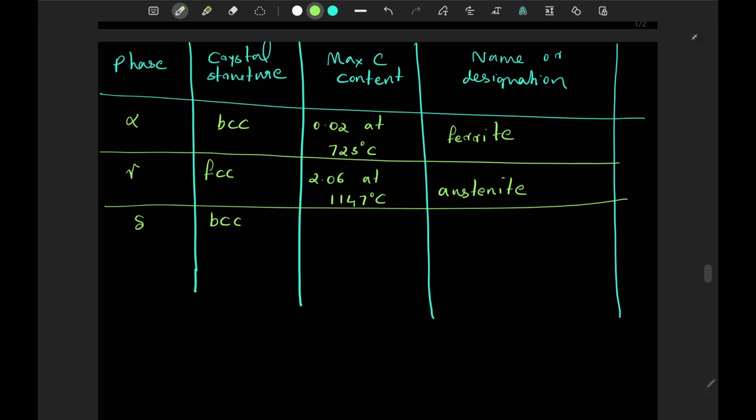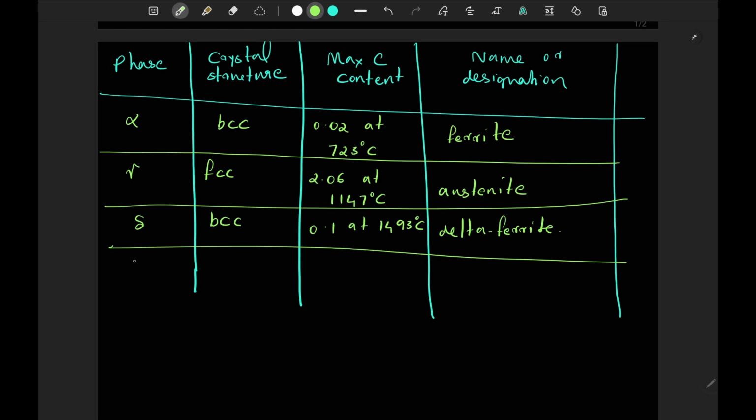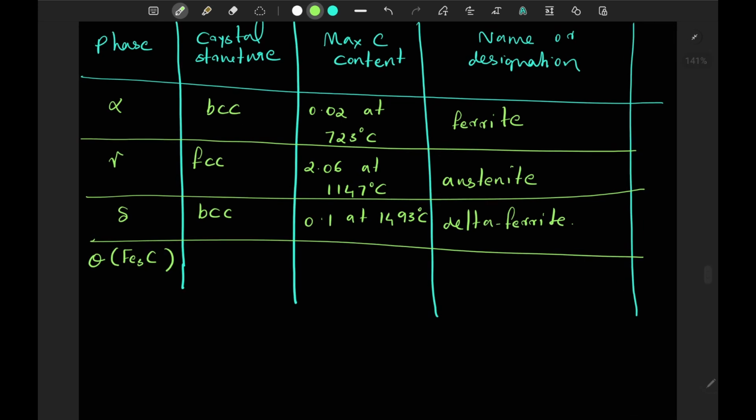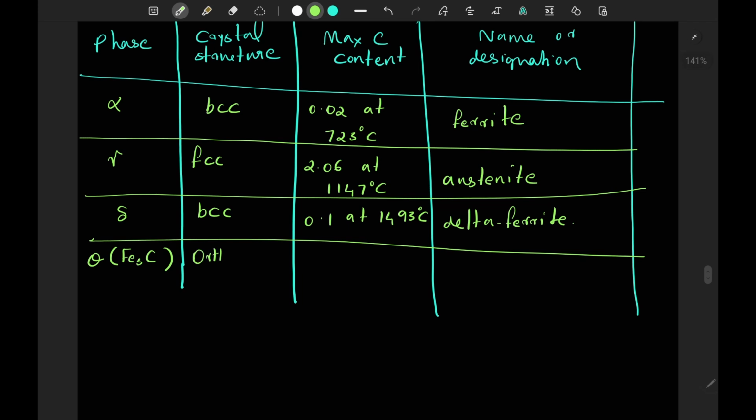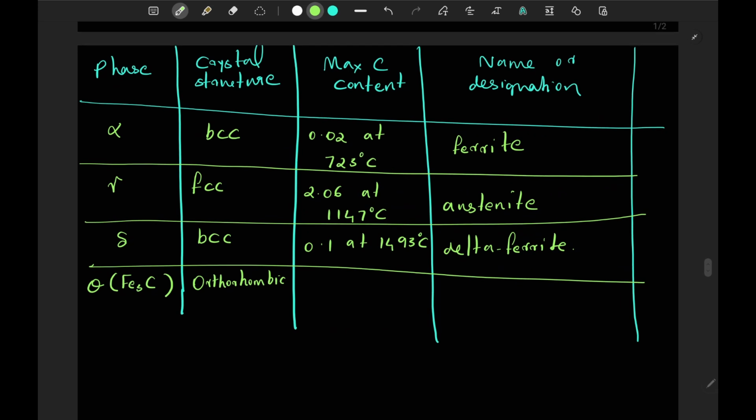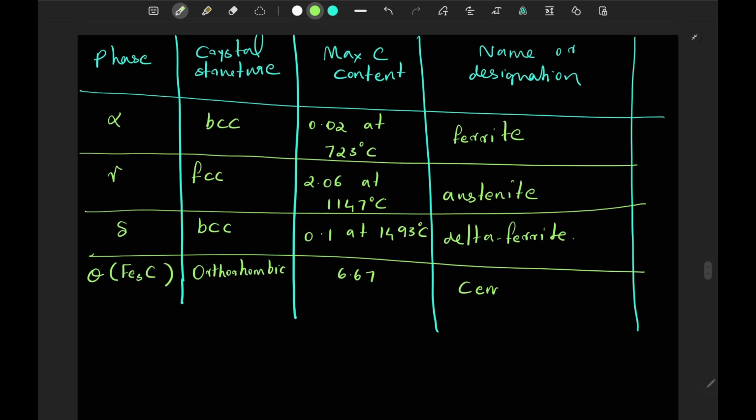Then we have delta phase. It also has a body centered cubic structure, maximum carbon content of 0.1 at a temperature of 1493 degrees Celsius. It's called as delta ferrite. Then we have theta, which is cementite Fe3C, and it has an orthorhombic structure and 6.67 carbon percentage, and it is cementite.